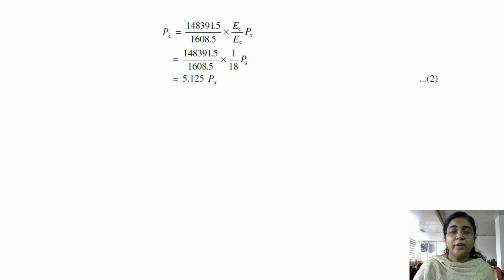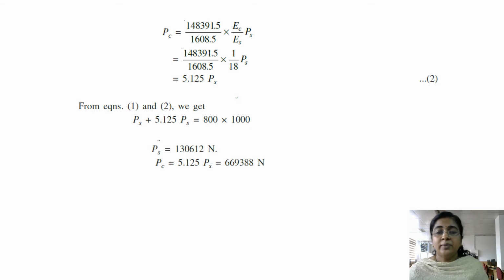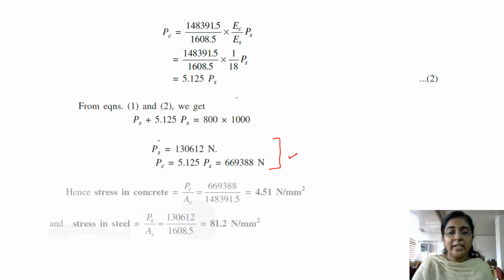It is 5.125 times the load taken by steel. Substituting the second equation in the first one, then we will obtain load taken by steel as 130612 Newton and load taken by concrete, that is 669388 Newton.